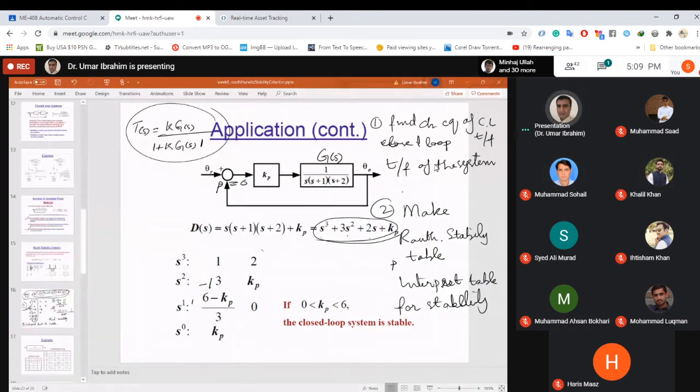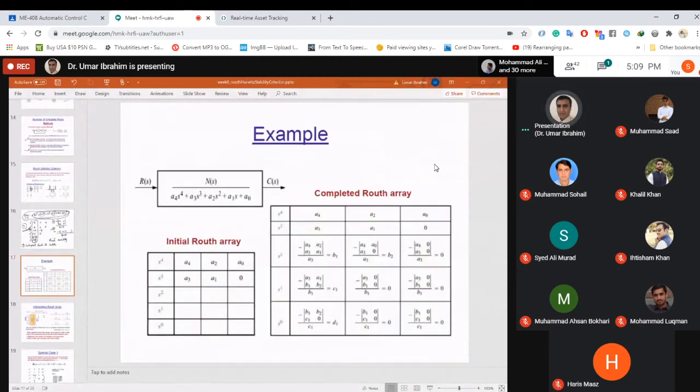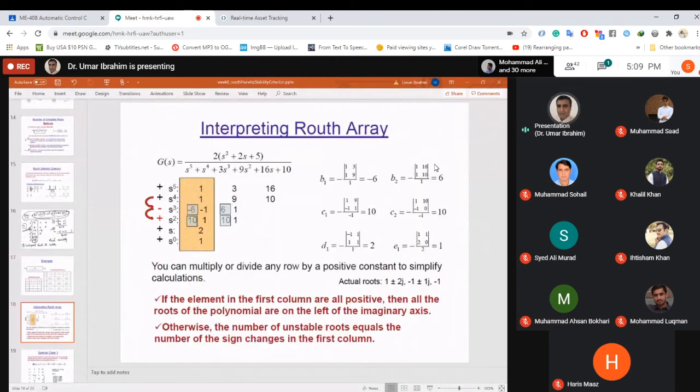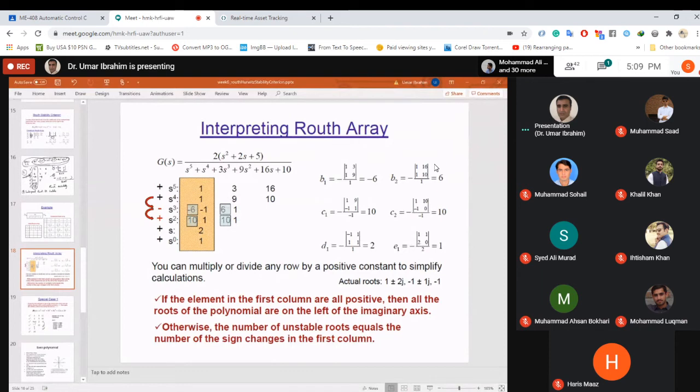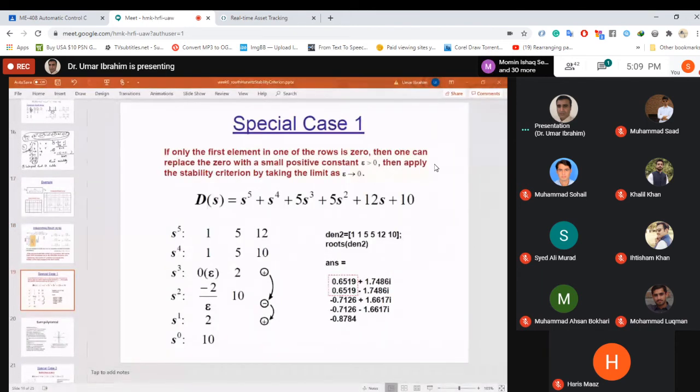अब यहाँ पे there is one issue. There is a issue here. Okay. There are two special cases for Rouse stability table or Rouse stability analysis. देखिए, Rouse stability analysis का एक और advantage भी है. For example, इस example में देखें, there is no variable, there is no k here.